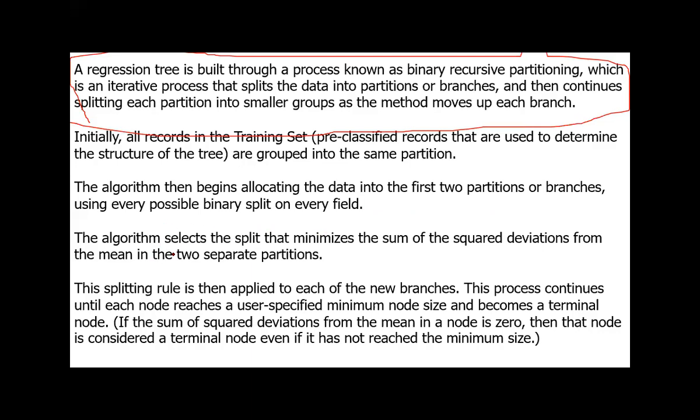The algorithm selects the split that minimizes the sum of the square deviations from the mean in the two separate partitions. This splitting rule is then applied to each new branch.